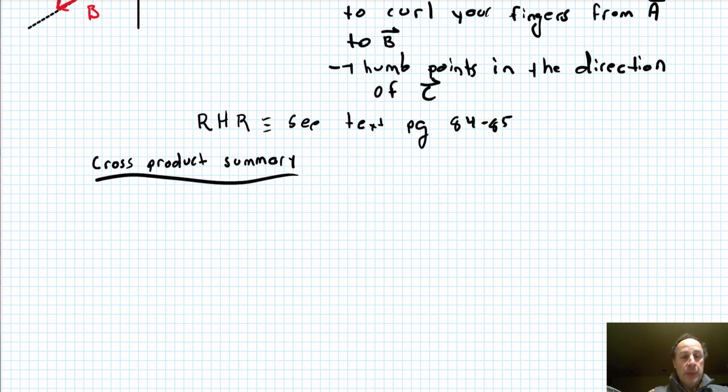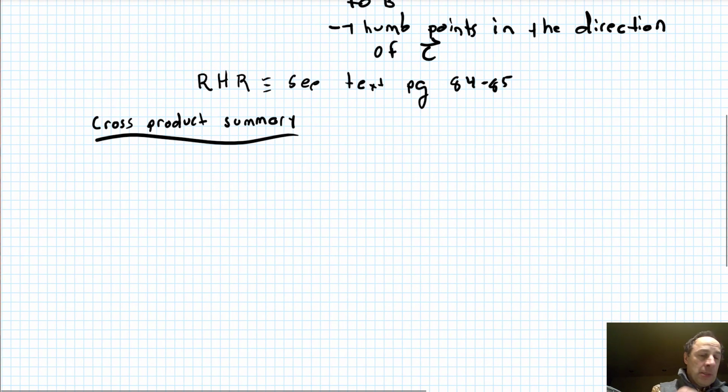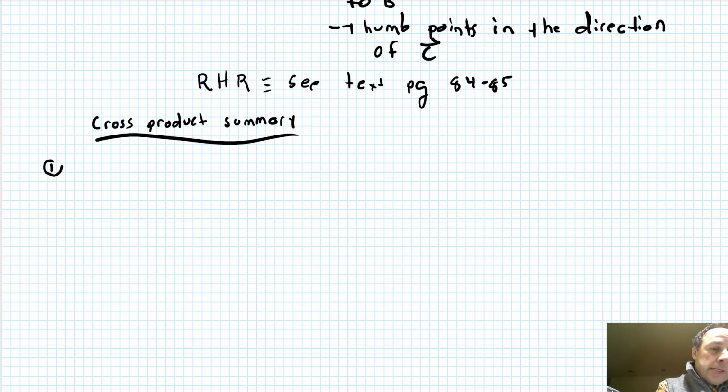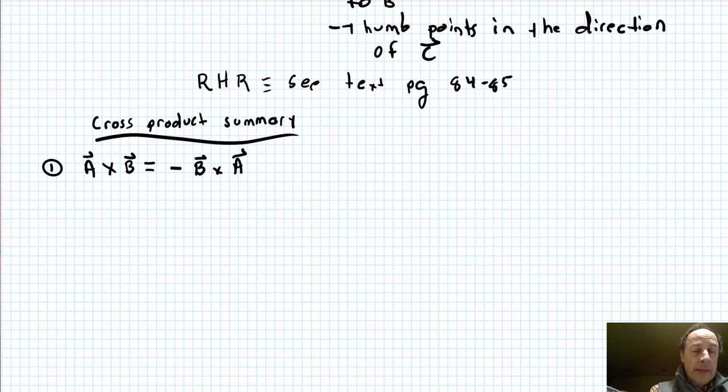Okay, so let's see what we got here. First thing on our summary is A cross B is not the same as B cross A. It's the negative. It's like negative B cross A, as we just saw when I worked it out, right?